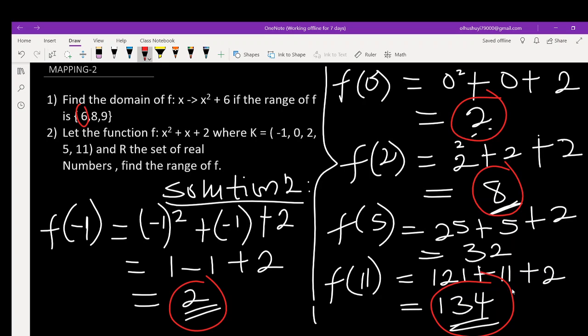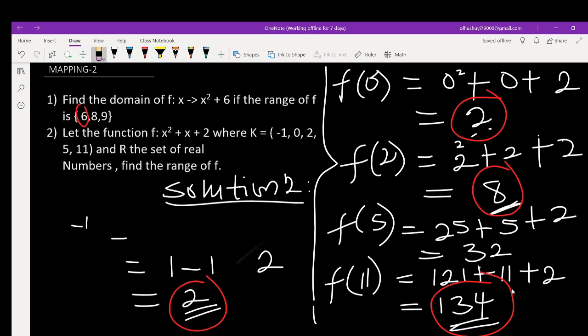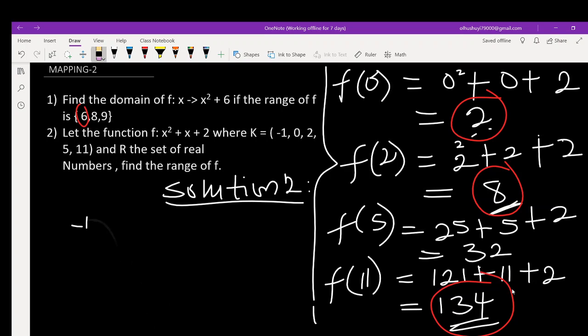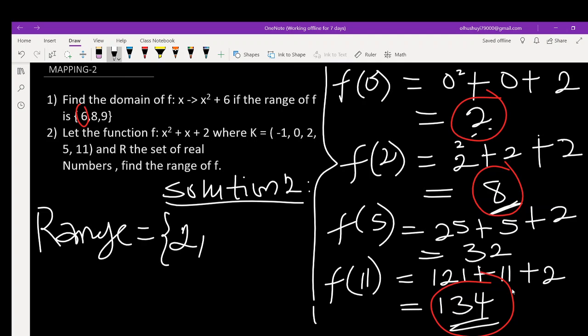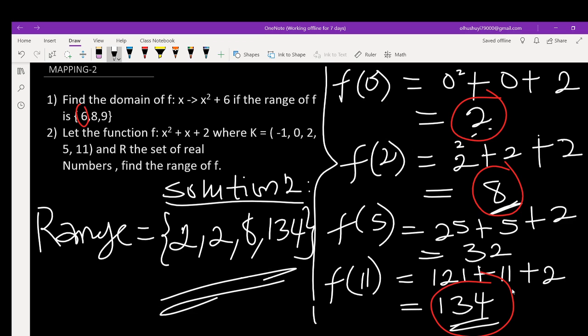So now you can write out the range. We have 2, we have another 2, we have 8, and we have 134. Simple as that can be.